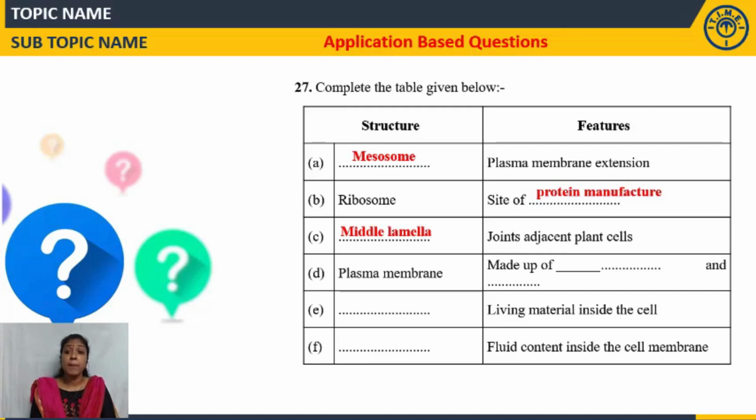Their outer surface is made up of two lipid layers, and in between these lipid layers, what is present? Proteins are present. Different kinds of proteins are present. So we can check, that is plasma membrane. They are made of lipids and proteins. Lipid means they are fats like oils, fats, animal fats like that.